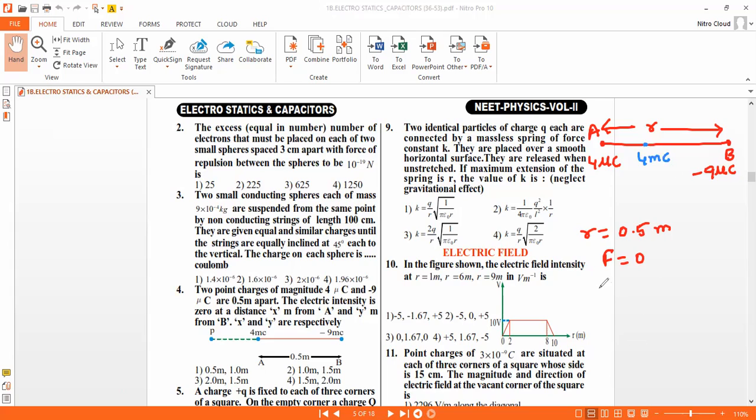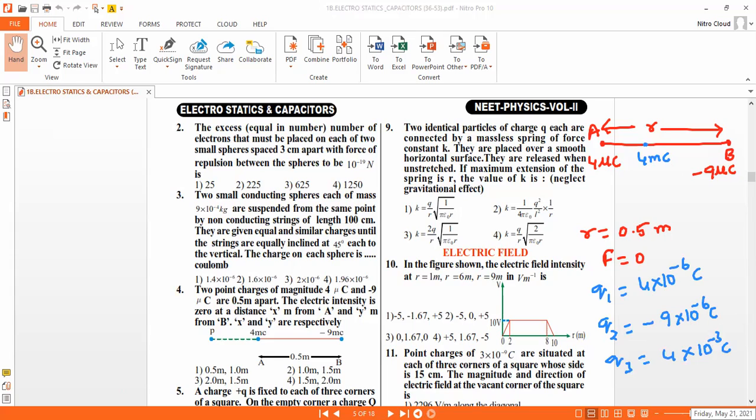Suppose let us consider Q1 equal to 4 microcoulomb, Q2 as minus 9 microcoulomb. Micro means 10 power minus 6, milli means 10 power minus 3. Third charge Q3 equal to 4 milli, milli means 10 power minus 3.